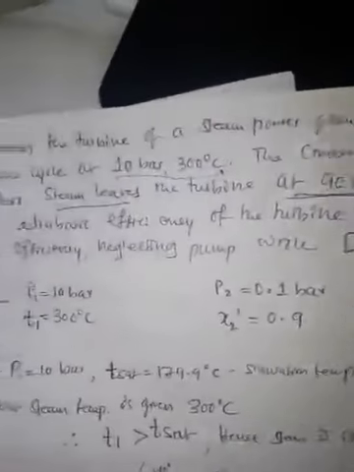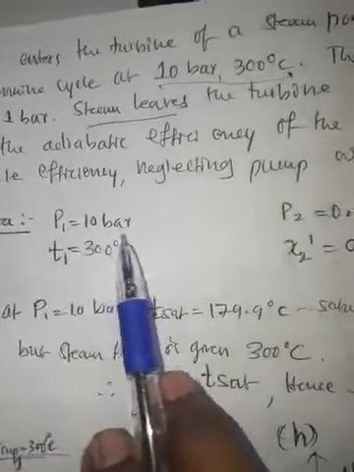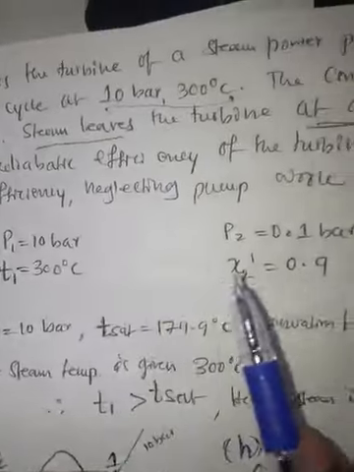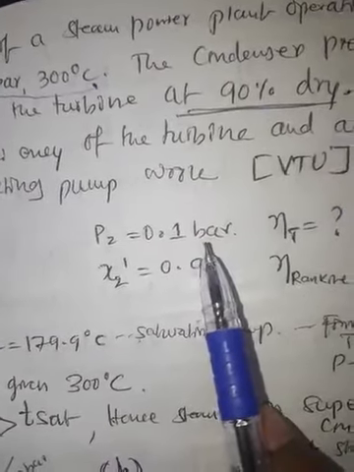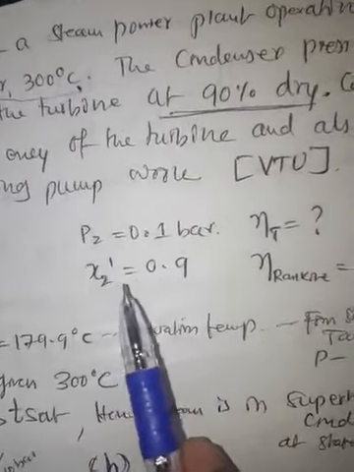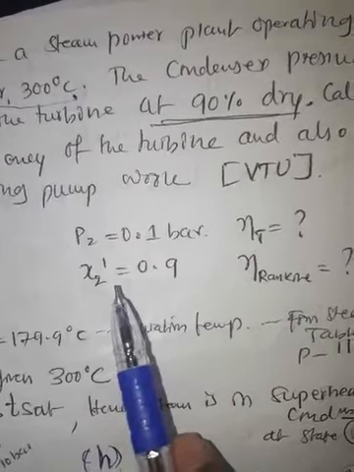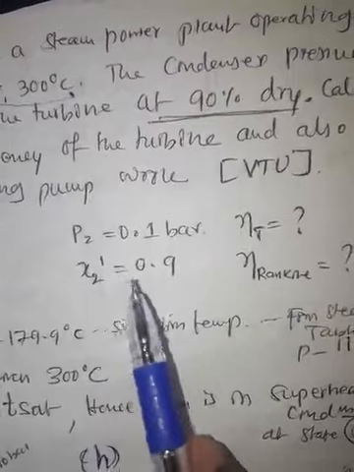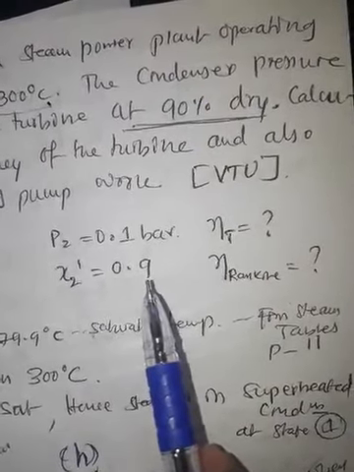So as usual, after understanding the problem statement, let us write the given data. Given data is P1 equal to 10 bar. Temperature of the steam at state 1 is 300 degrees Celsius. And condenser pressure he has mentioned as 0.1 bar. And x2 dash, I am not writing it as x2, actual condition it is. Okay, actual cycle problem. So 90% dry, x2 dash, I am writing as 0.9.